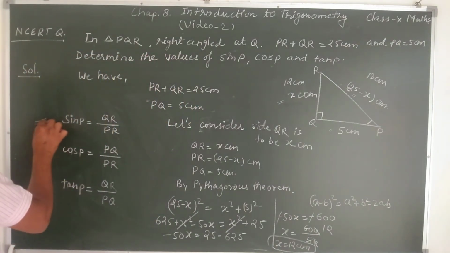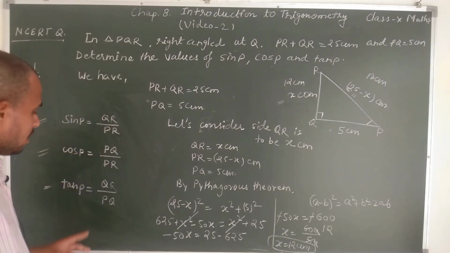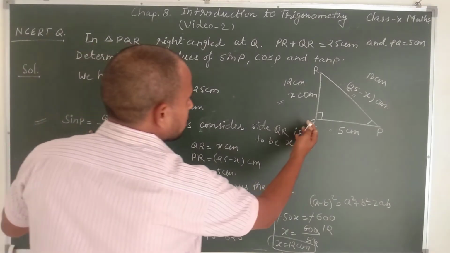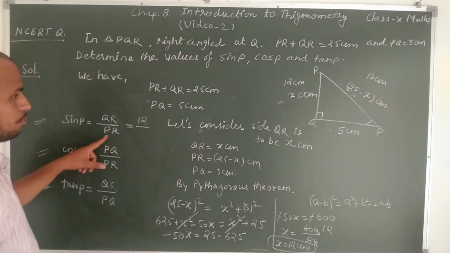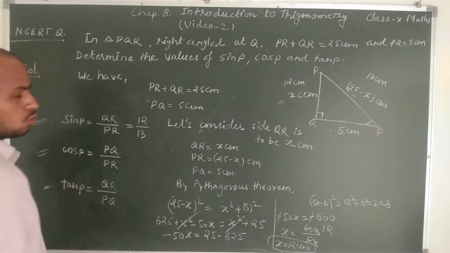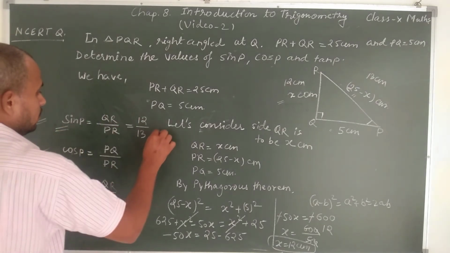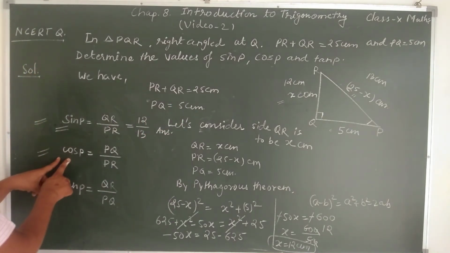So sin P is QR upon PR, 12 upon 13. This is the answer.